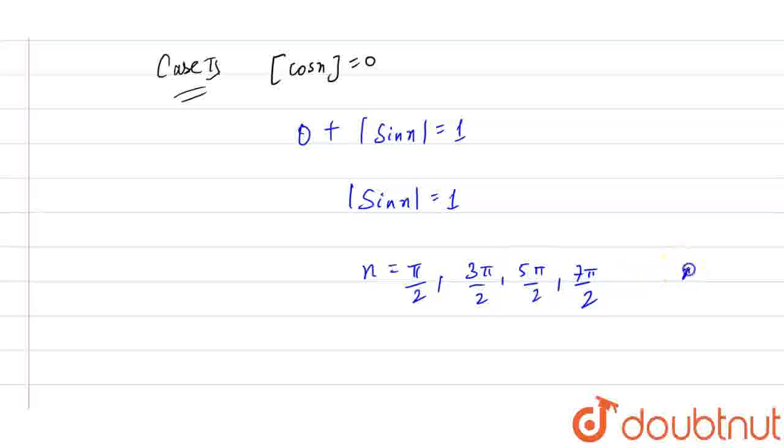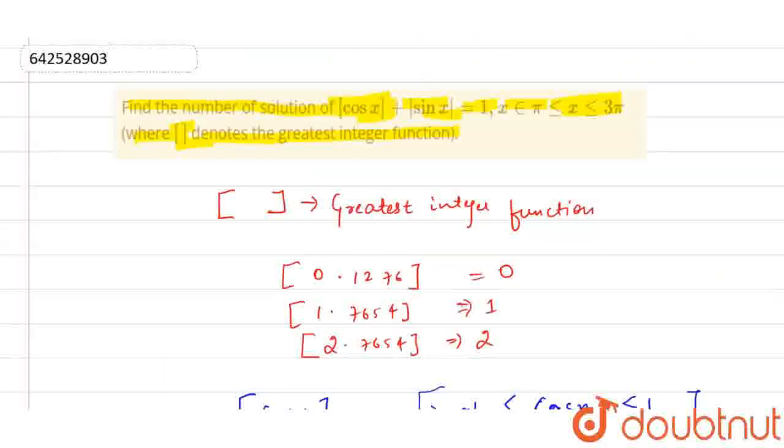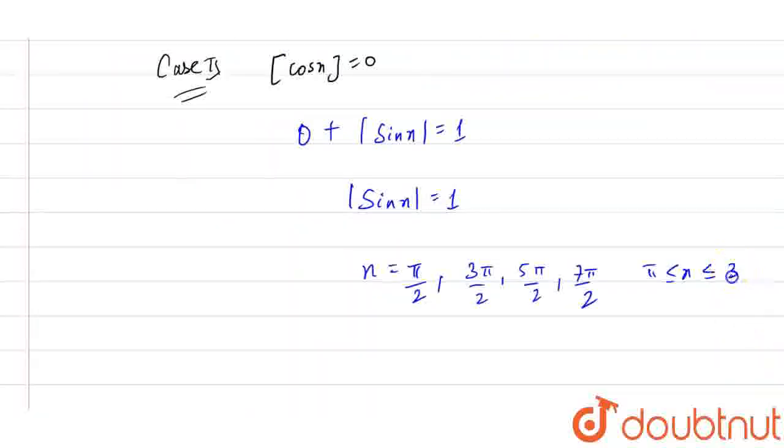But x is given to be greater than or equal to pi and less than or equal to 3 pi. So pi by 2 is before pi and 7 pi by 2 is greater than 3 pi, so we can't take these. We get two values, 3 pi by 2 and 5 pi by 2.